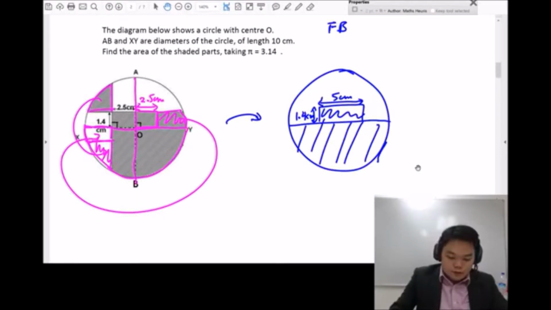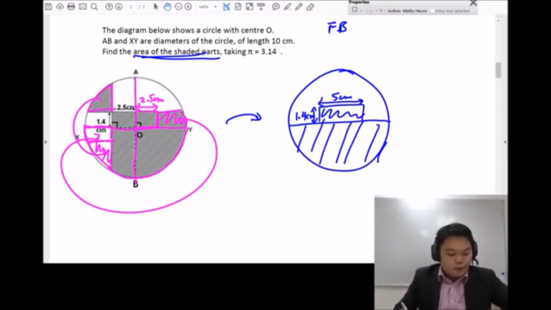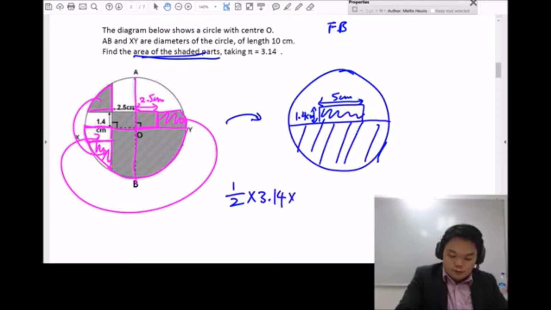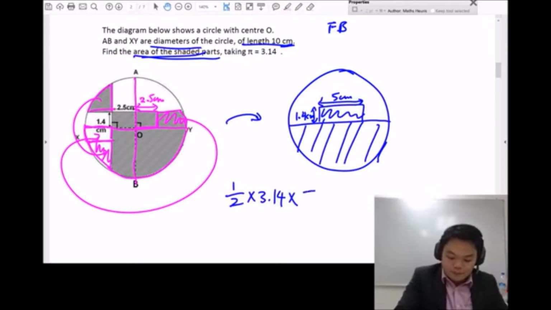So the area of the shaded parts, let me go through this real quick, would be half of the circle, half times pi, 3.14, times, because the diameter length is 10, the radius must be half of that. That will be 5.